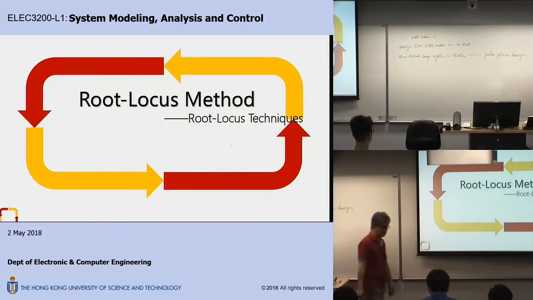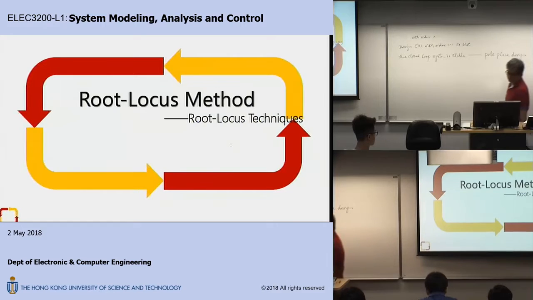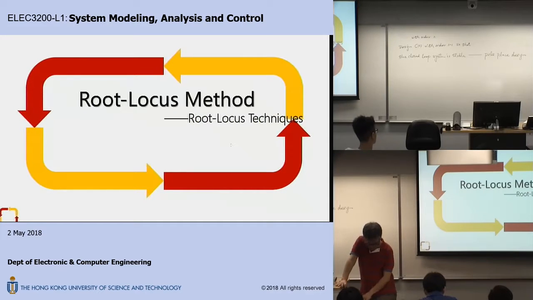Nobody can answer that question completely. Researchers have spent years and years to try to figure out the lowest order controller to stabilize a given plant. We're not able to answer that question completely either. We want to somehow partially answer that question.